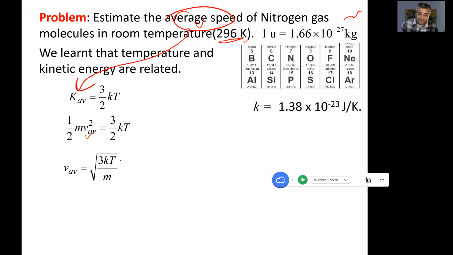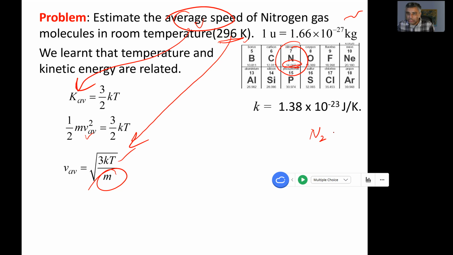Now we are ready to plug in the temperature that is given. And we also need mass. And remember, mass needs to be in kilogram. So for that, you can always look at the periodic table. So nitrogen is here. So mass comes from here. And since we are talking about nitrogen gas, that means we are talking about N2, not just N, right?